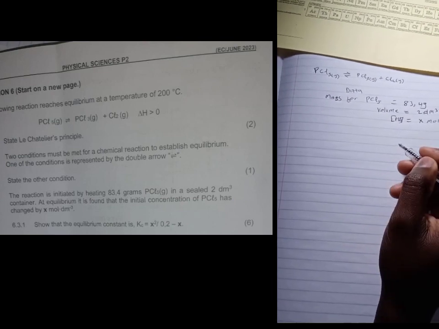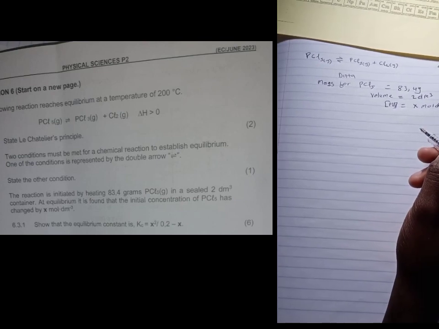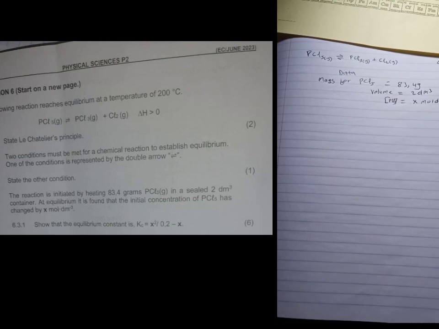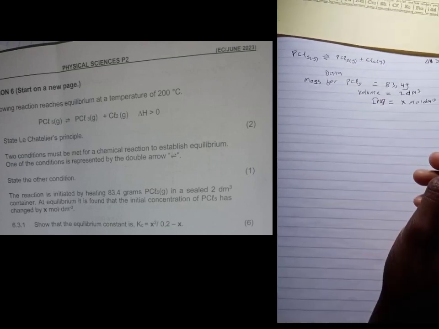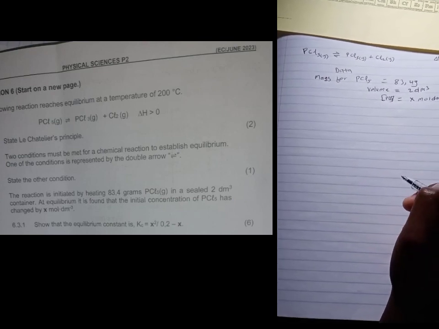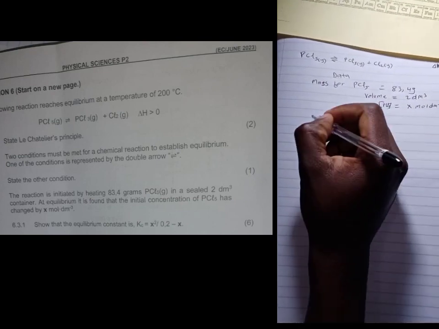These brackets mean the concentration of PCl5. So if that is the case, let's try to solve and get what is being asked from us. We are being asked to show that the equilibrium constant Kc is x squared over 0.2 minus x.